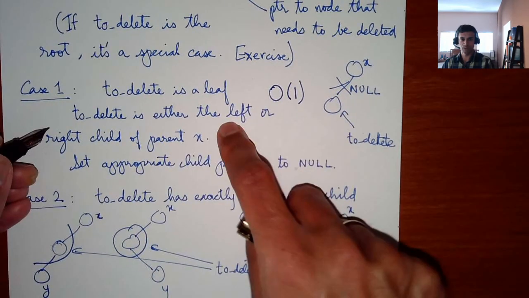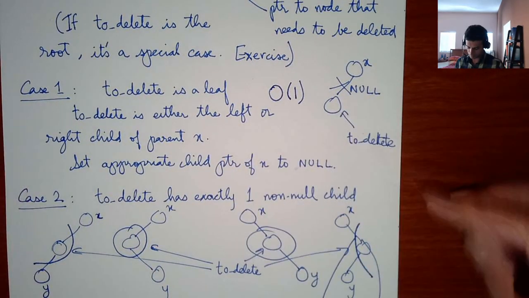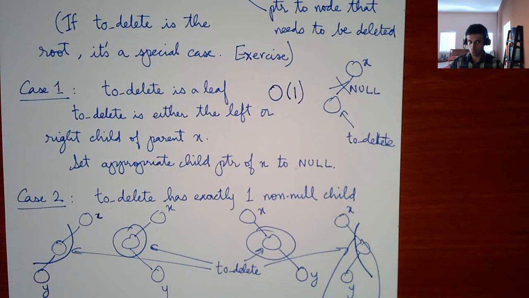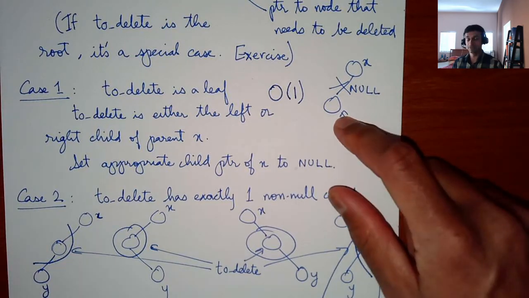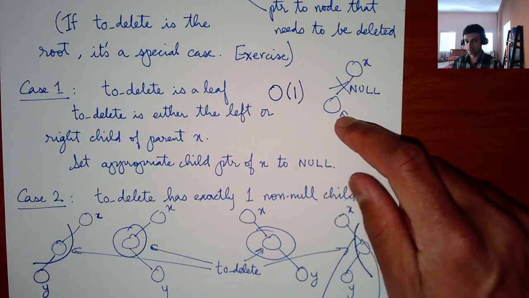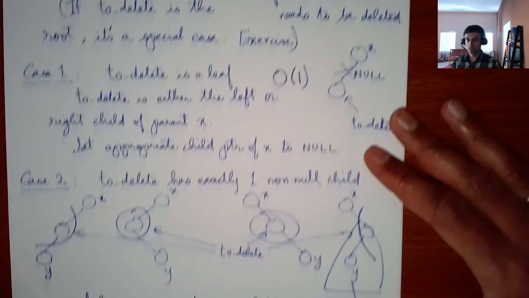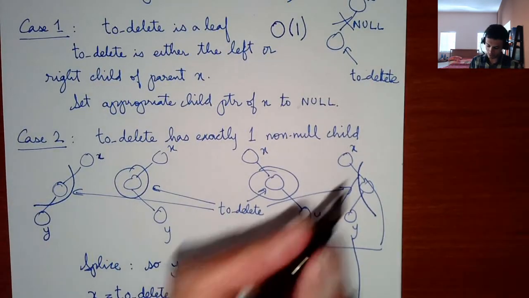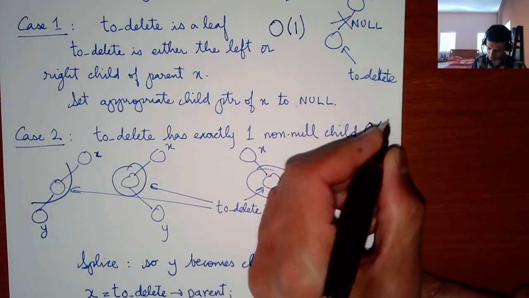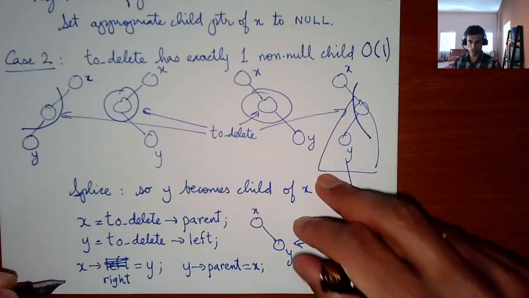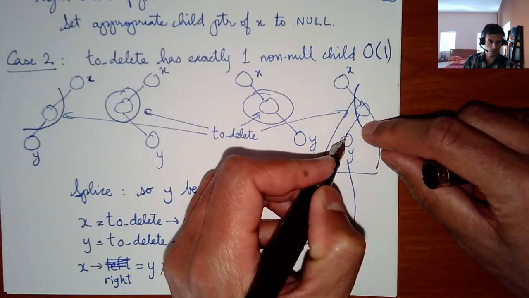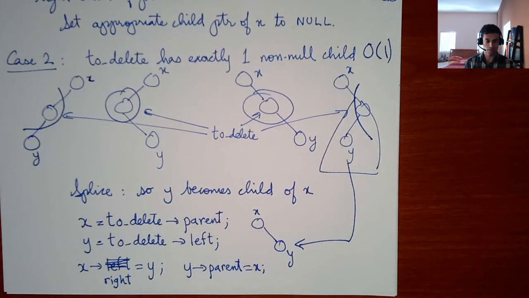Because all you have to do is switch a couple pointers. Well, I wouldn't say n is 1 here. The tree could be really large. But you're only deleting a leaf. You already have the pointer. And over here again, it's again O of 1. It's just a bunch of statements, right? It's all constant time, because all you need to do is just switch around a bunch of pointers.